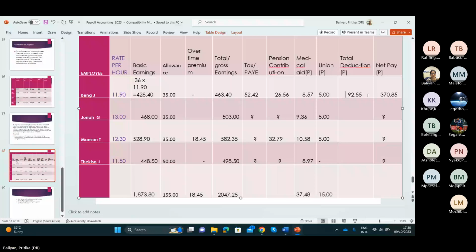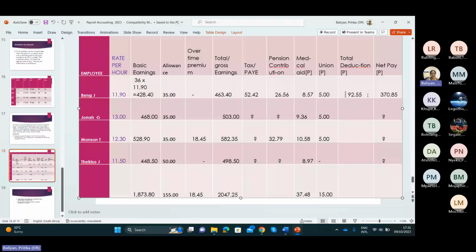52.42 plus 26.56 plus 8.57 plus 5. So the total is 92 pula 55 thebe, right? This amount we will subtract from the gross earning, which is 463 pula 40 thebe.